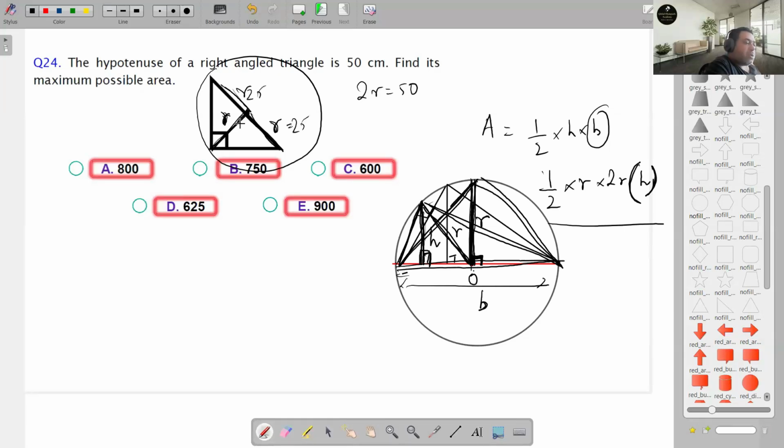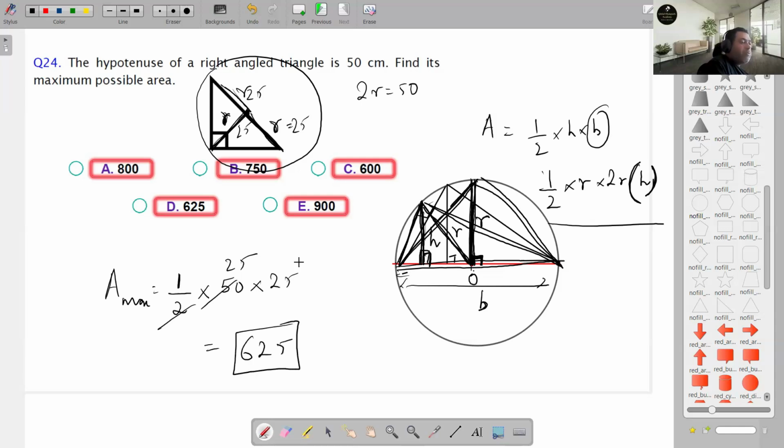Okay, and therefore the area of the triangle will be half into 50, which is the base 2r, into the height, which is r, which is 25, and therefore the max area will be equal to 25 times 25, which is 625.